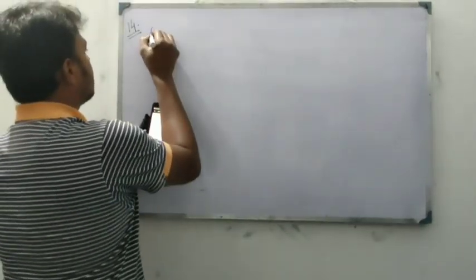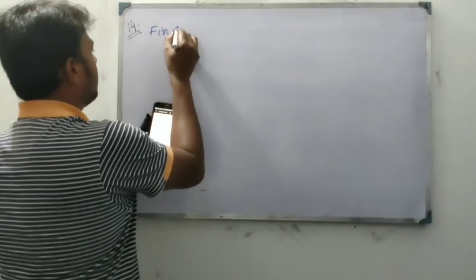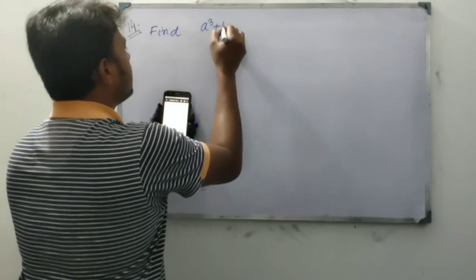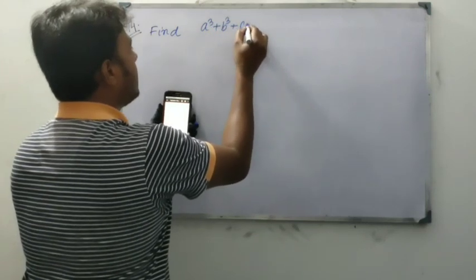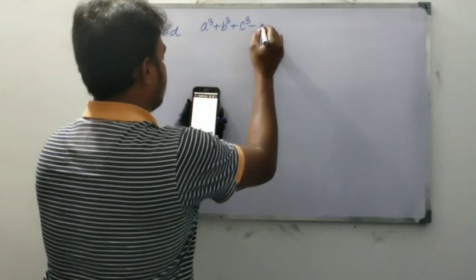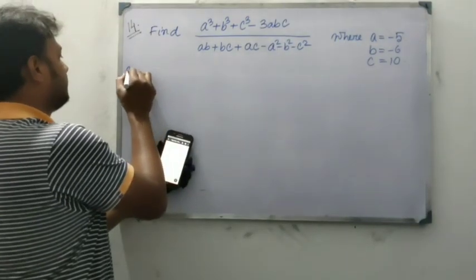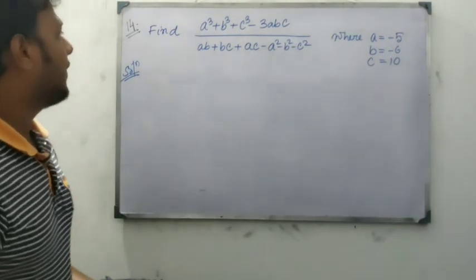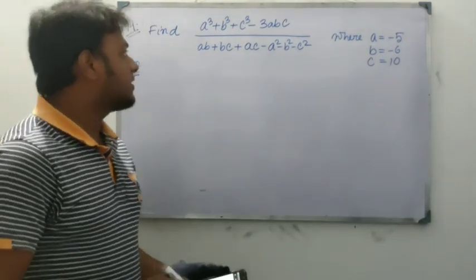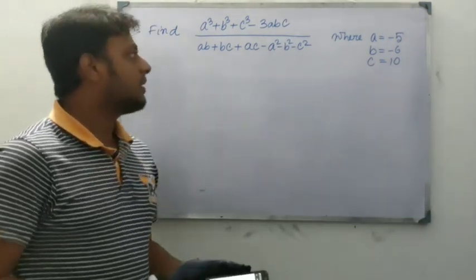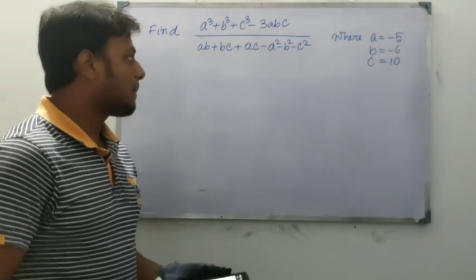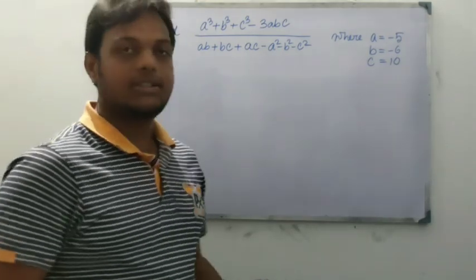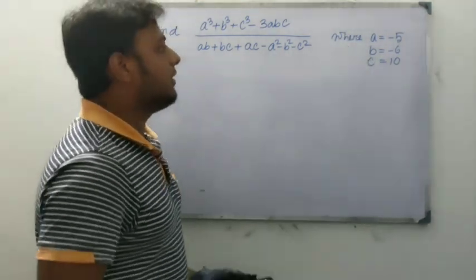Find the value of (a³ + b³ + c³ − 3abc) by (ab + bc + ac − a² − b² − c²), and the values of a, b, c are given.